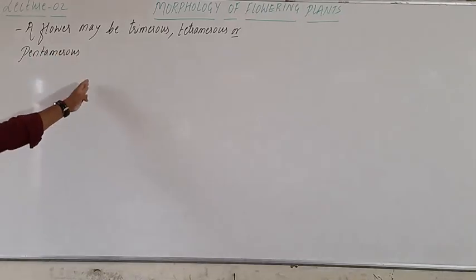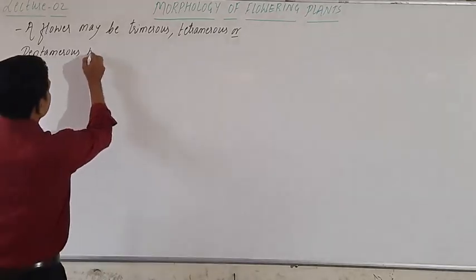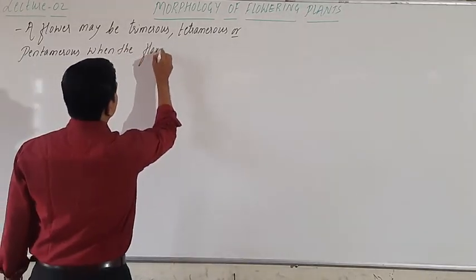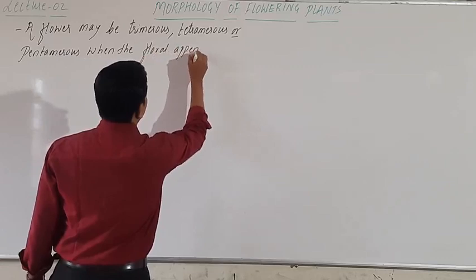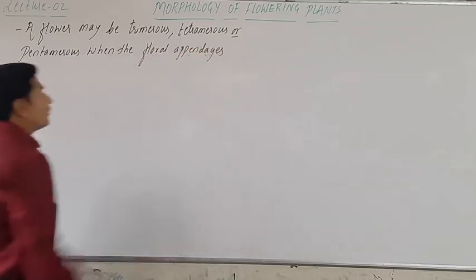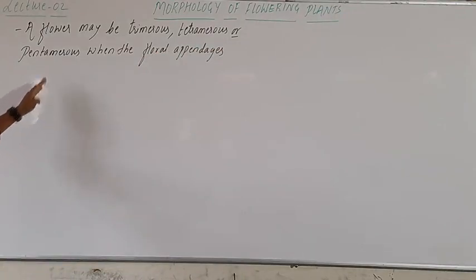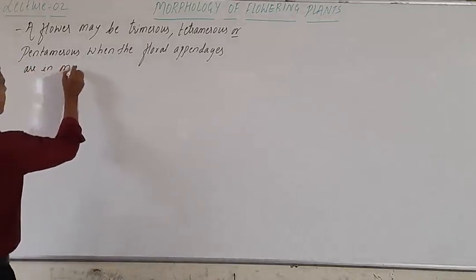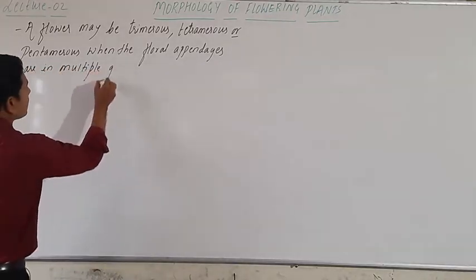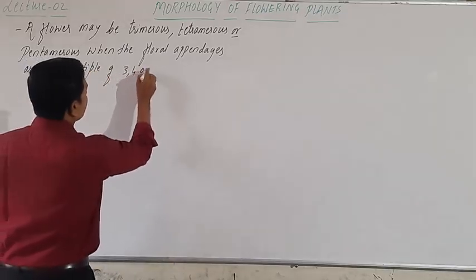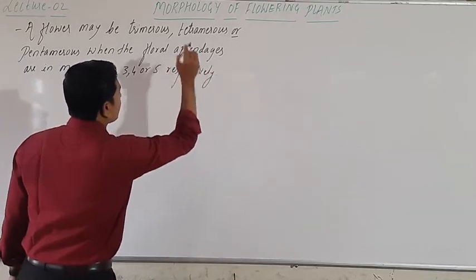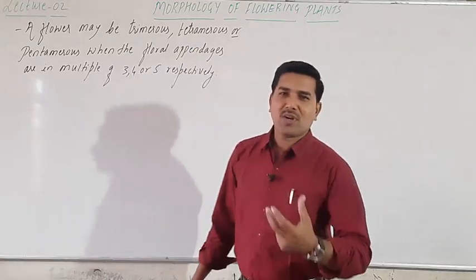Okay, now here the flower may be trimerous, tetramerous or pentamerous when the floral appendages are in multiples of three, four or five respectively. So what exactly does it mean?